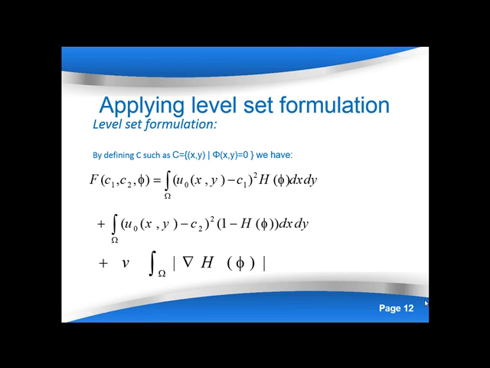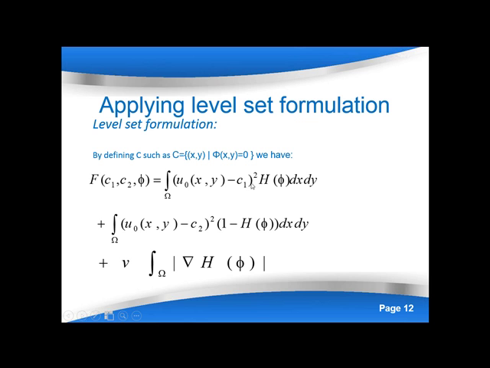By applying level set formulation, first by defining C such as C equals x and y, for which phi of x, y is equal to 0, we have this formulation for energy.